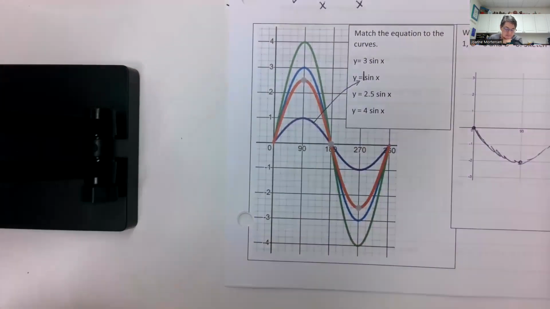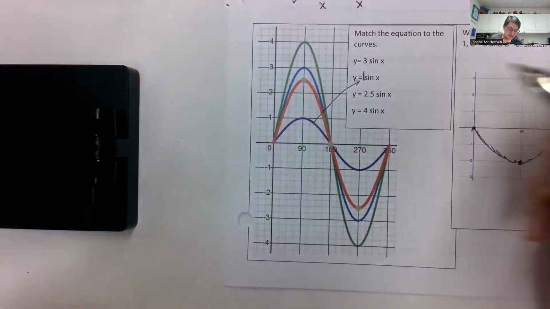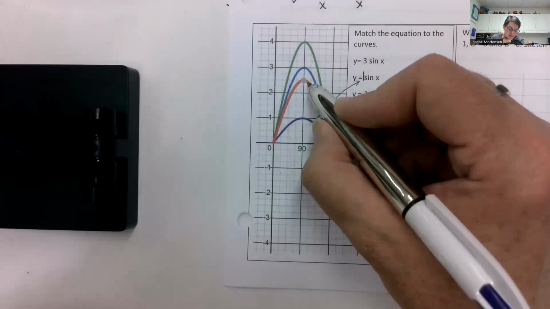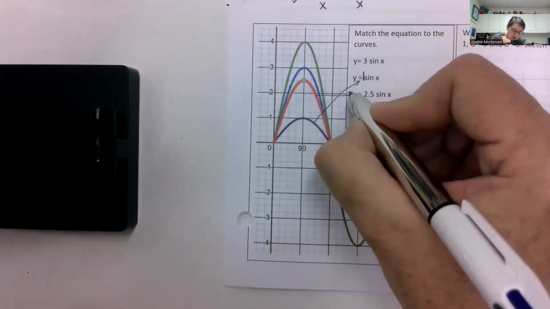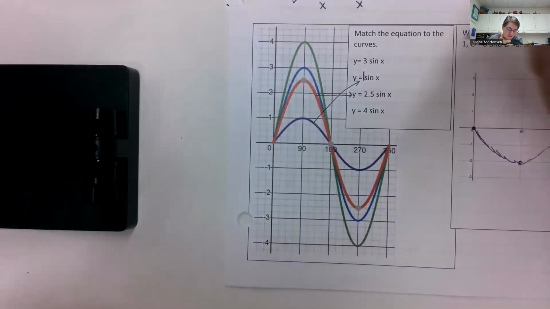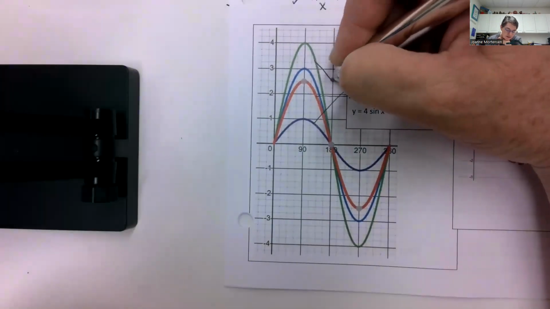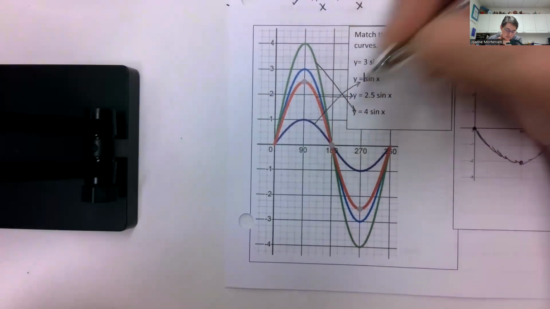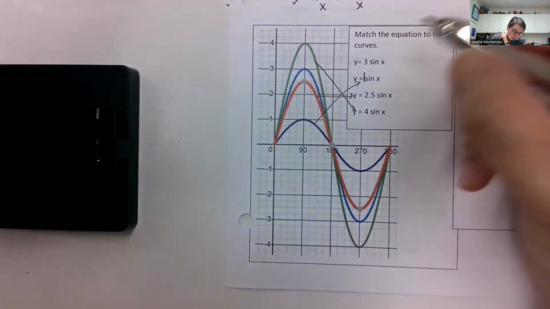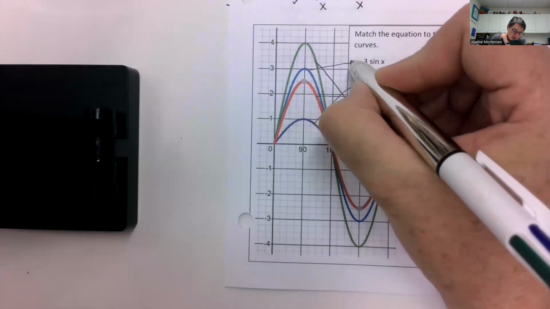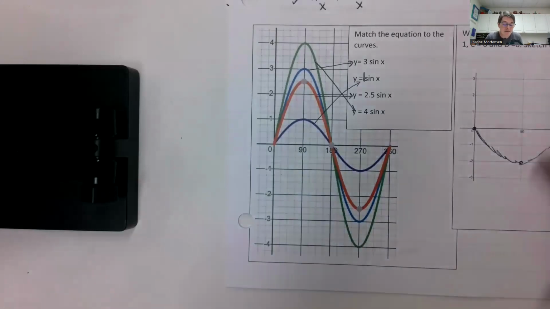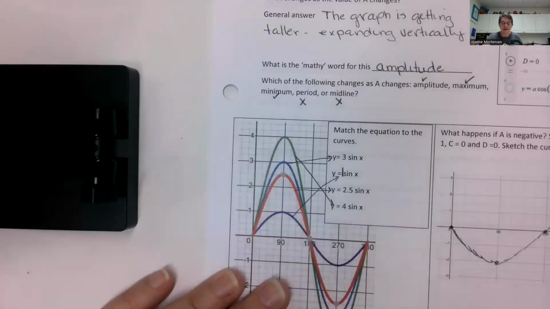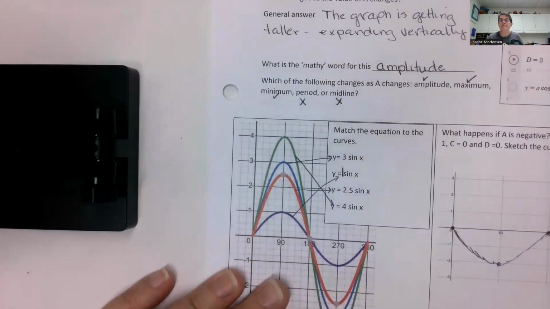And this one is 2.5, so the red one goes there. And the 4 must be the green one. Which leaves the blue one there. Ta-da. Oh, that's very messy. That's wonderful. And hold on, I think we're done. Yep, we are done.